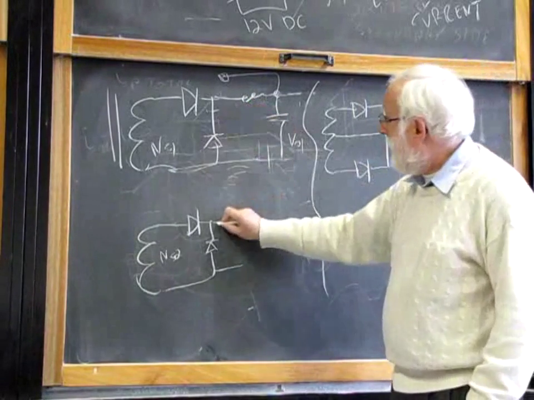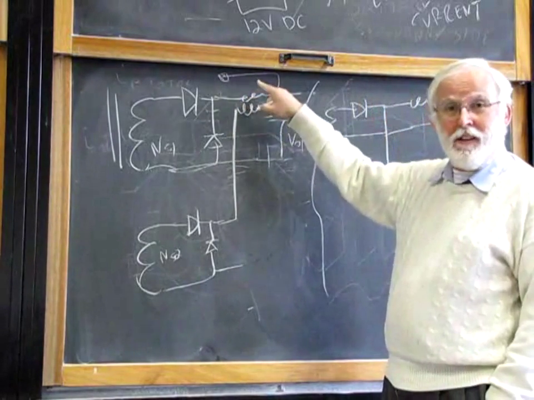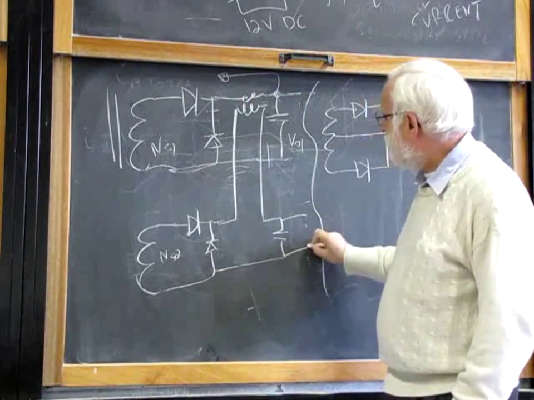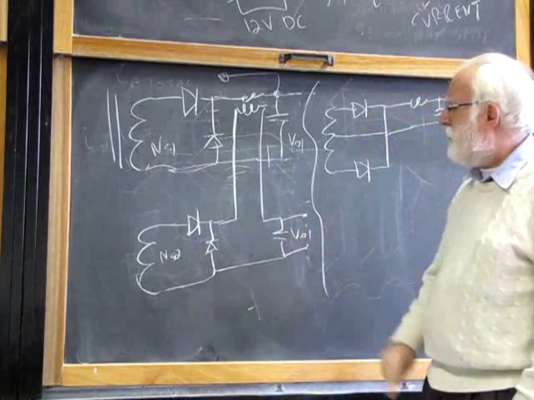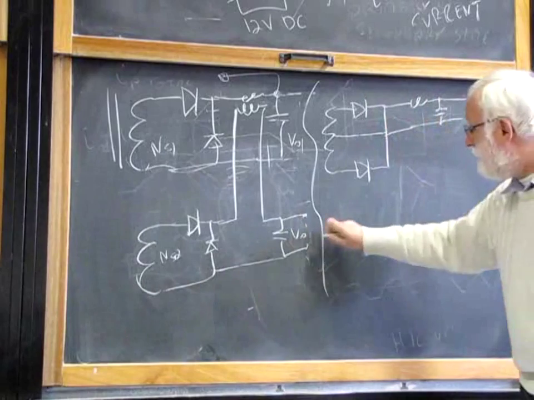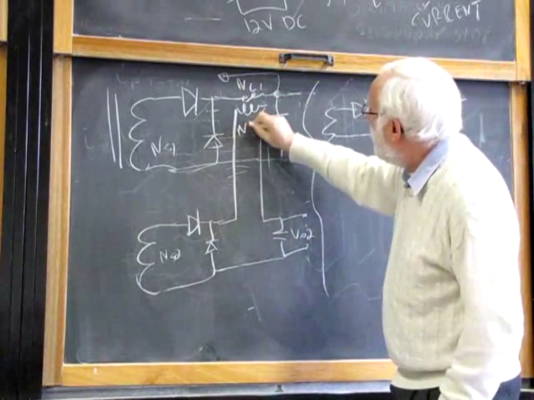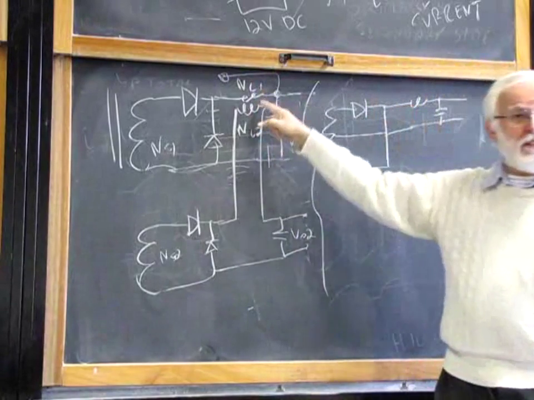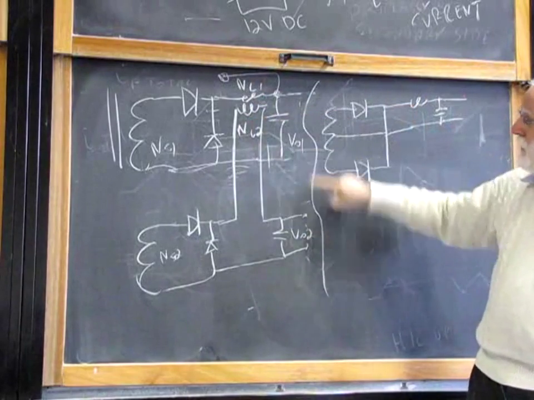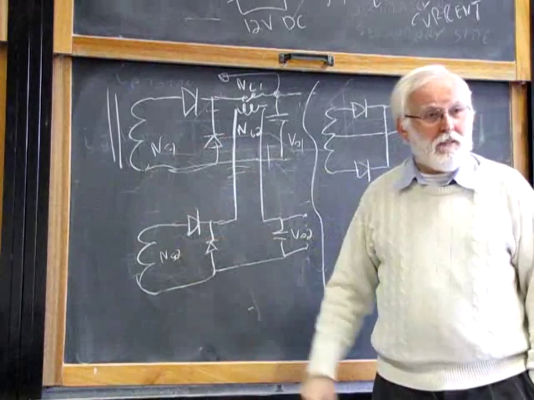Let's put a second winding on this inductor, and then we go back to our output VO2. The turn ratio here, NL1 over NL2, of these two windings must be exactly the same as the ratio of the two output voltages, as the ratio of the two output currents.